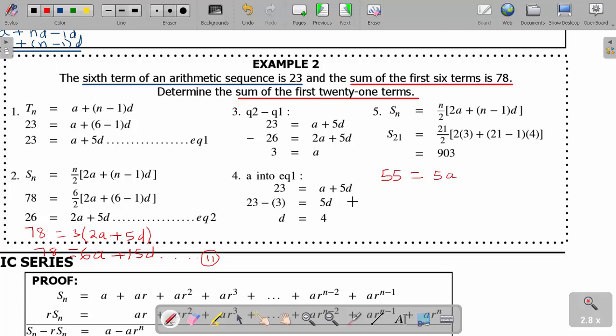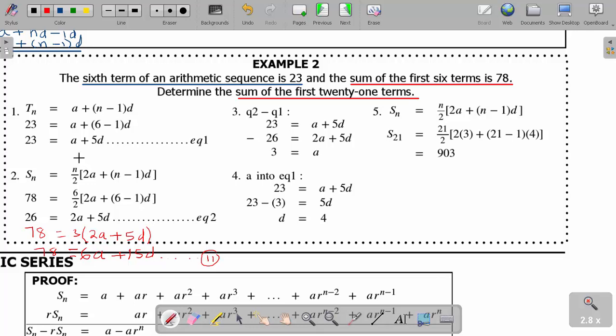I beg your pardon, guys. So for me to make it simple, to solve these two equations, what can we do here? If I check here, this is 23 equals a plus 5d, and this is 78 equals 6a plus 15d.